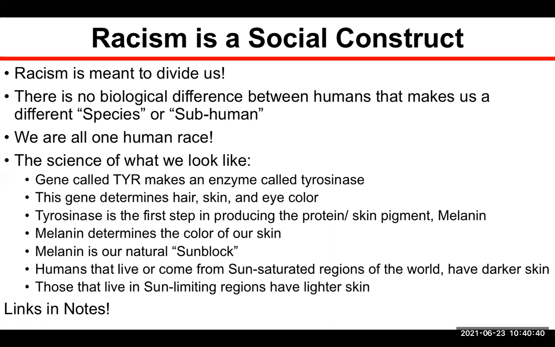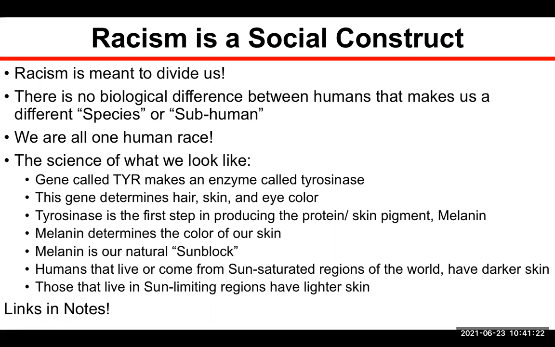And evolutionarily speaking, the whole point of having this protein in our skin is to block the sun, because the sun releases radiation, UV light, and it's going to create damage to our DNA. And we don't want that, because that's going to lead to mutations and potentially cancer. And so humans that live or come from sun-saturated regions, such as different parts of Latin America, Africa, and Southeast Asia, tend to have more melanin because they have more of this enzyme being produced.